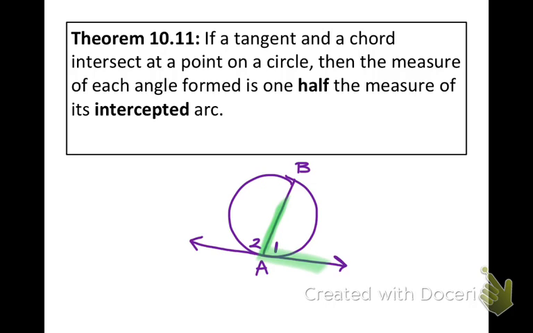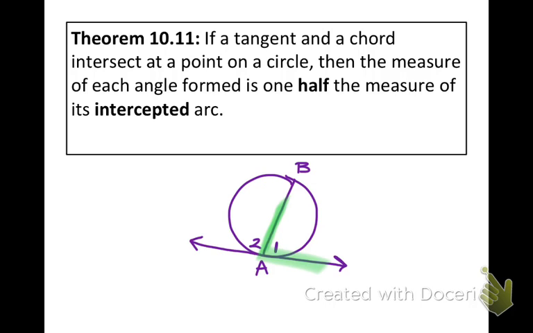It just looks different. Now instead of having 2 chords as the sides of my angle, I have a chord and a tangent line. Still the same scenario, same thing happening, it just looks different.